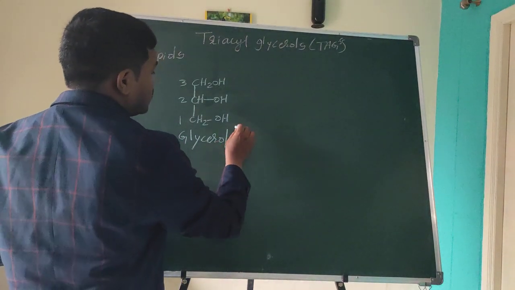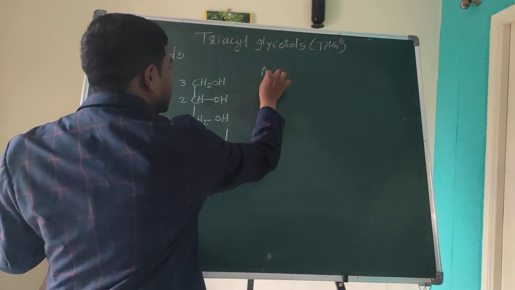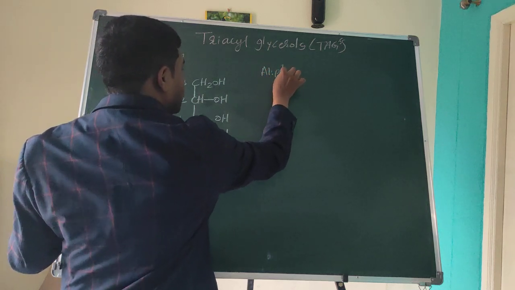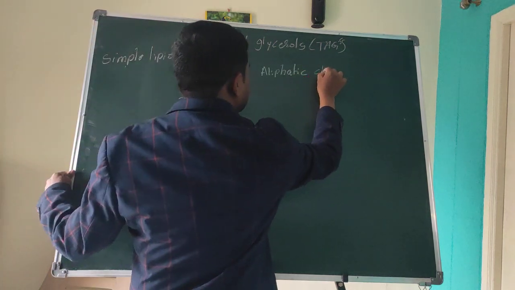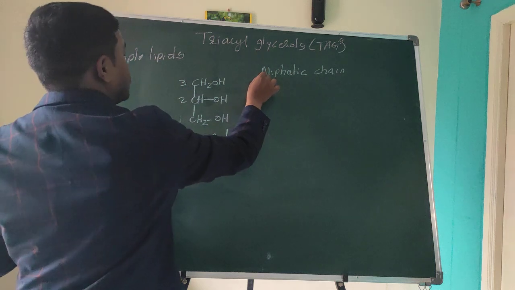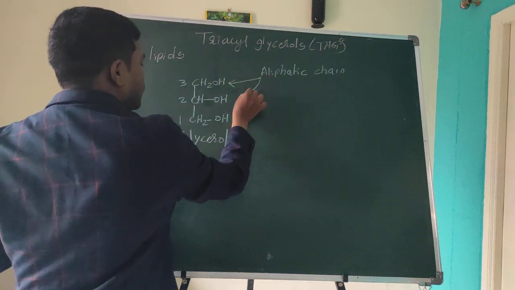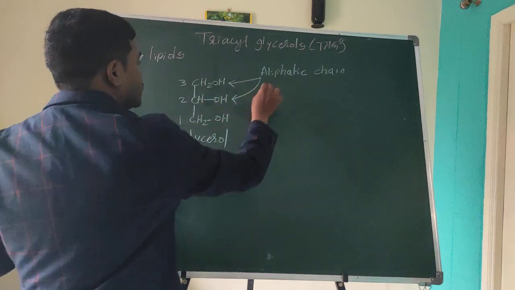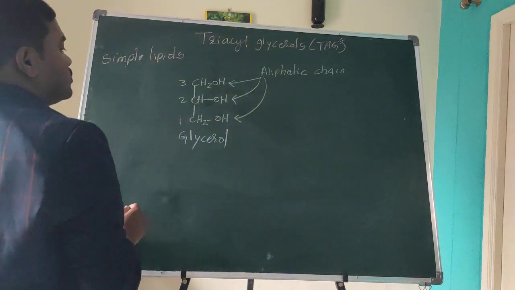For example, the aliphatic chain can occupy position number 3, position number 2, or position number 1.